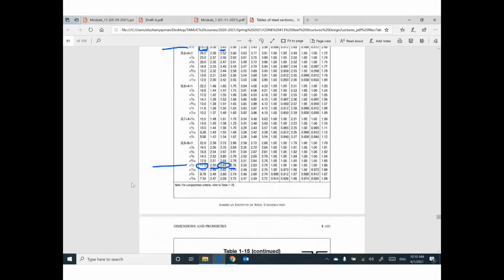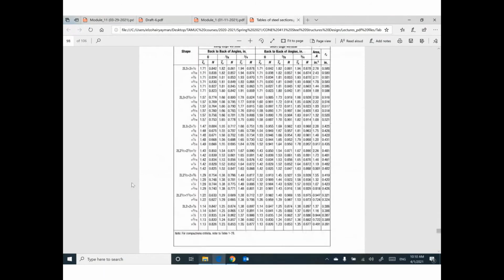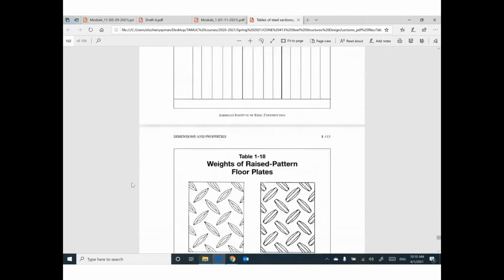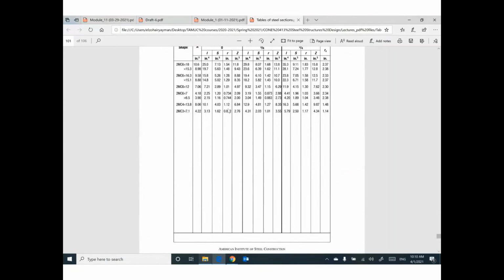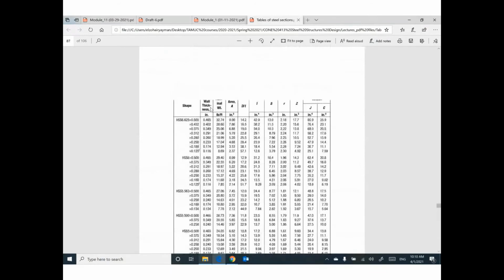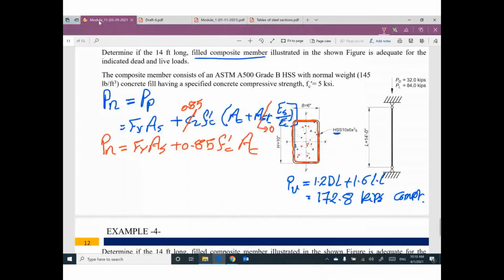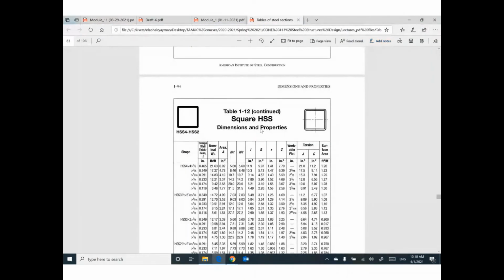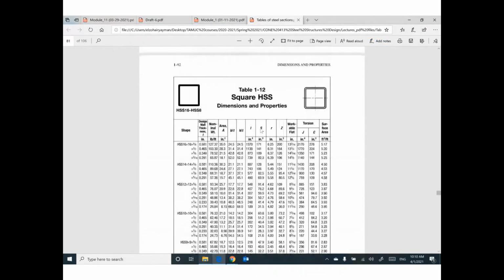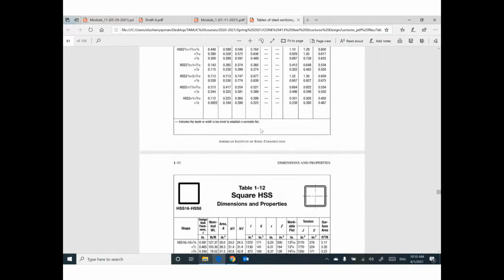So keep going down. Wow, probably I will need to go up before the circular shape. Here you go. So I'm looking for HSS 10 times 6. I need to go up. This one is square.